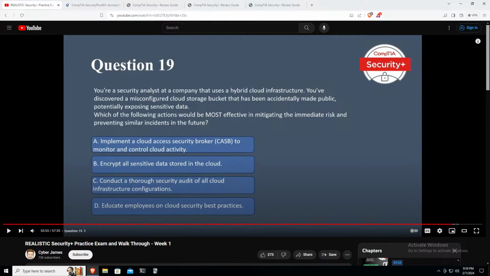Now, I'm trying to remember, a CASB does provide security policy enforcement. I'm unsure if it deals with buckets, but in this scenario, the question was asking for the most effective in mitigating the immediate risk. I think the correct answer here would be B. But we will note that one down.